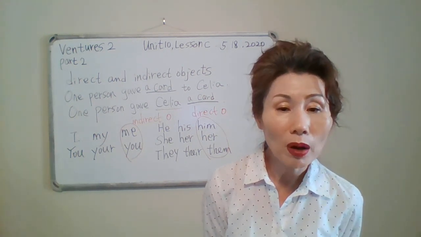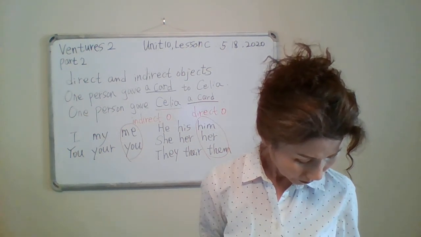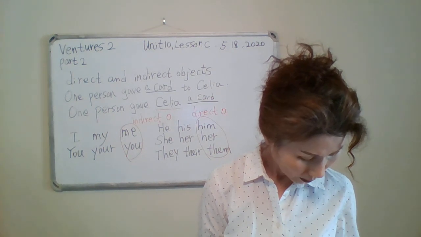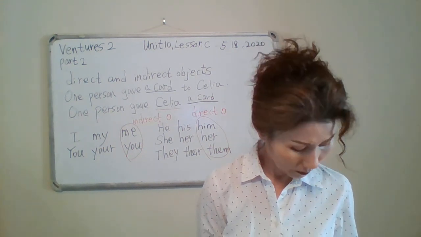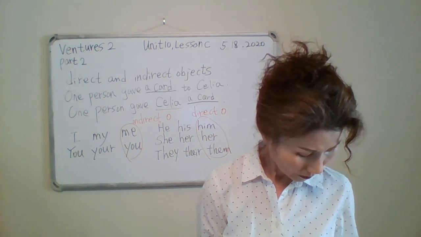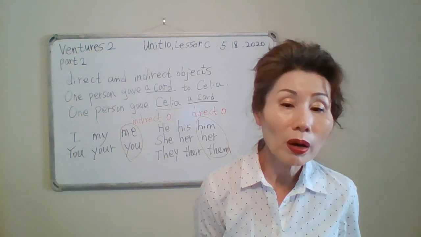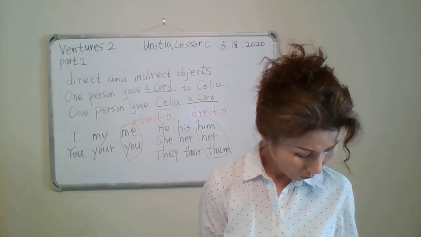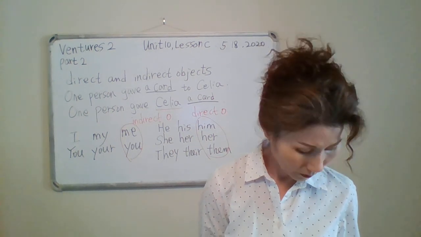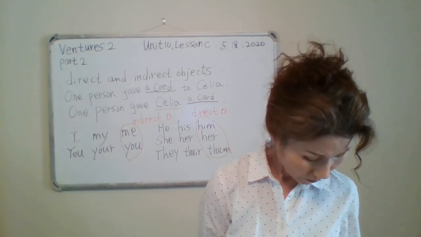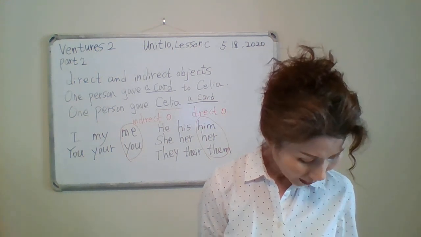He bought him a card. Three, what did Joe write Pam? He wrote her a letter. Four, what did Joe buy Mary and Judy? He bought them a cake.